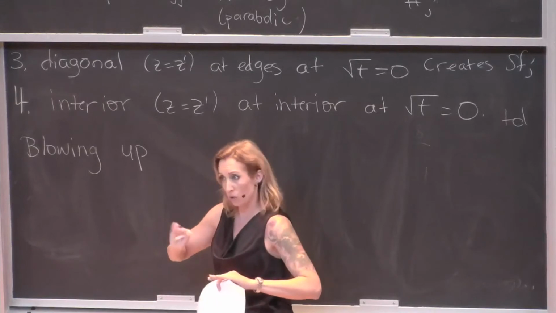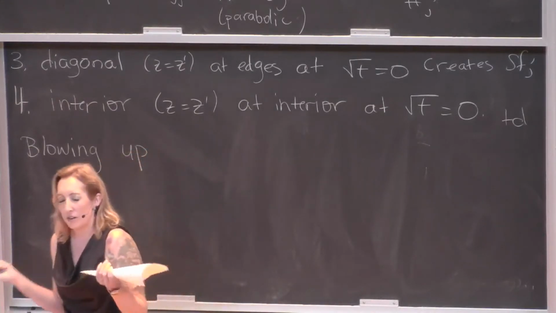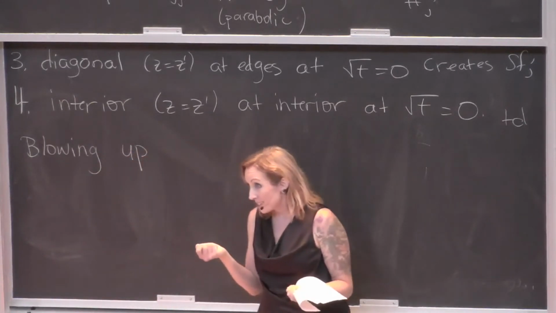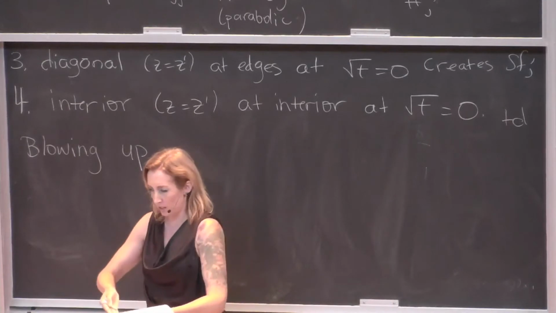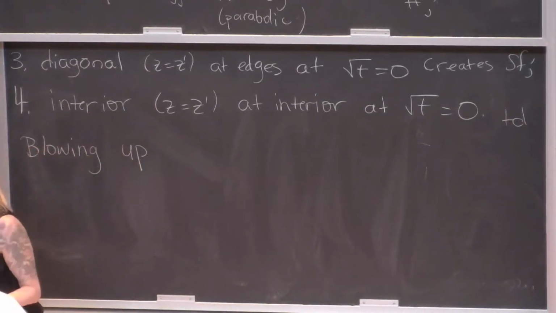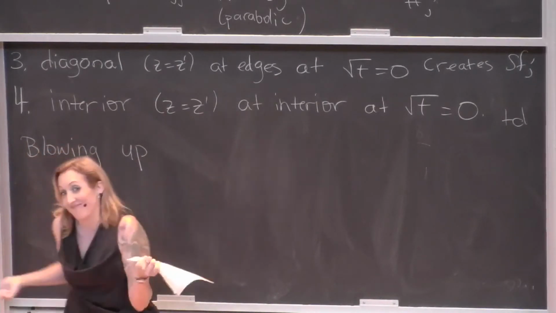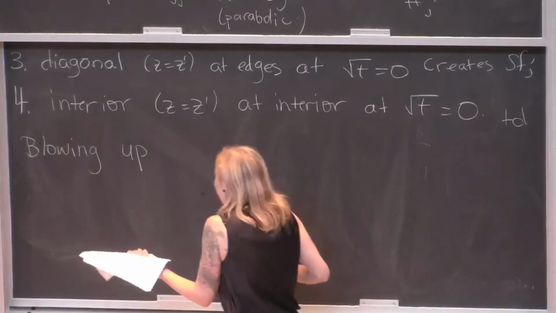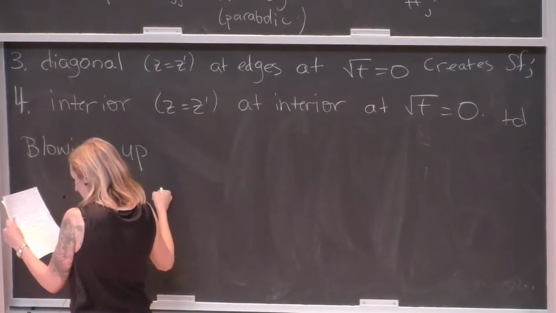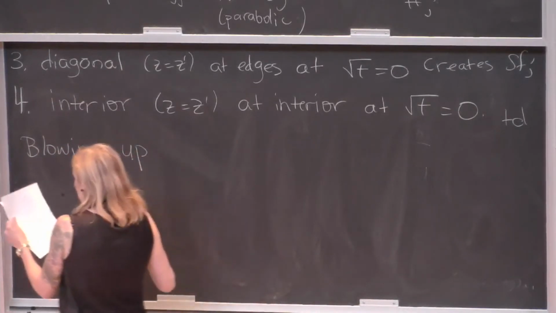Is it in the left copy or the right copy? HV, I don't know. David has a reason for that. SF stands for side face, because we usually think of the vertex as being sort of in the middle and then the edges as being around it. TD stands for time diagonal. Yeah, so there are sort of meanings behind them. And FF, right, and that's why FF is like front face.